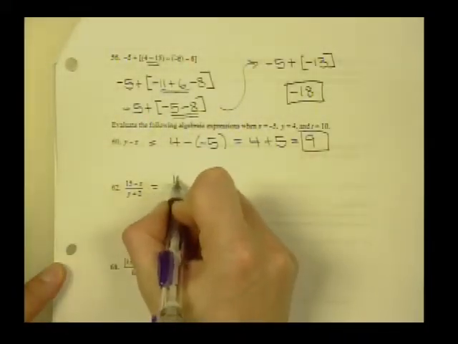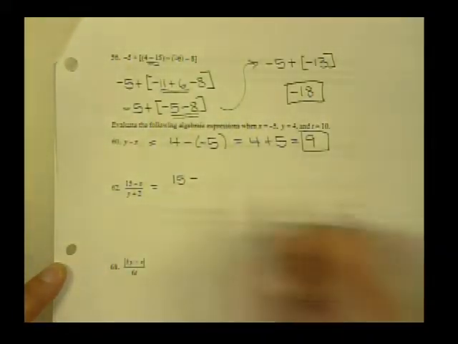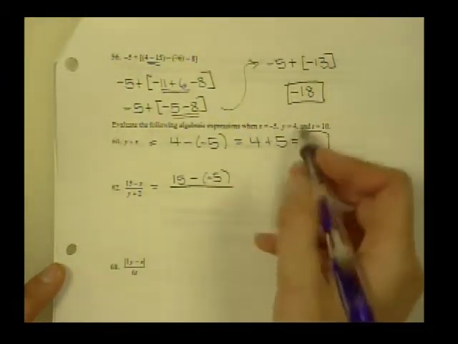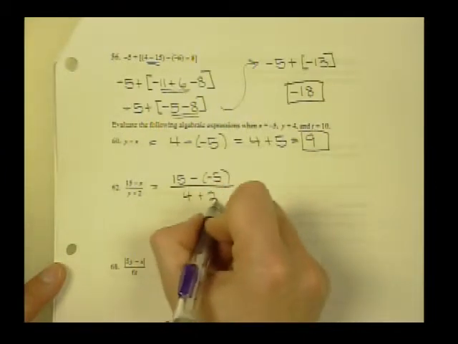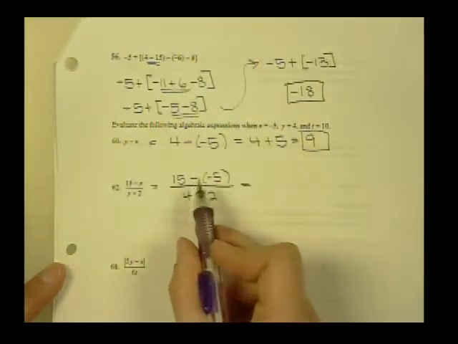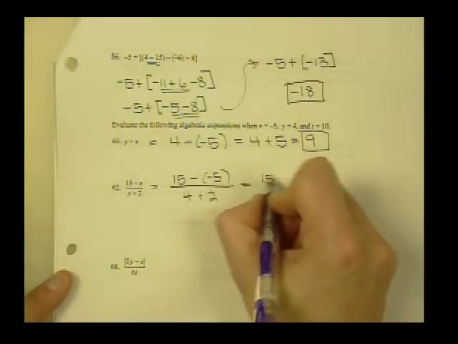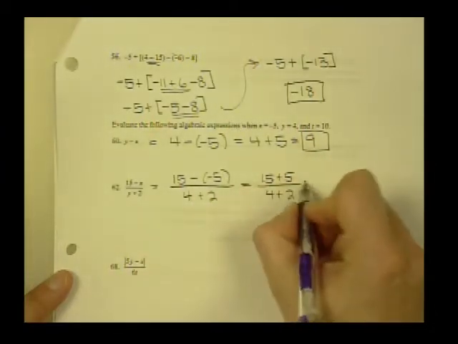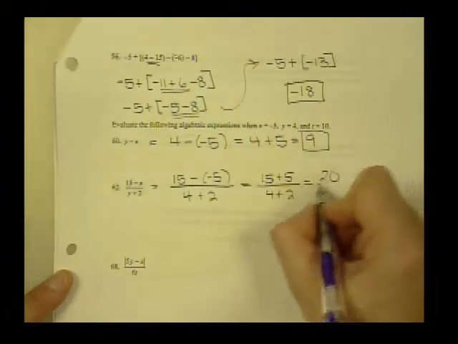So 15 minus negative 5 over y is 4 plus 2. So minus and negative, so again that's plus. And now it's just addition. 15 plus 5 is 20. 4 plus 2 is 6.